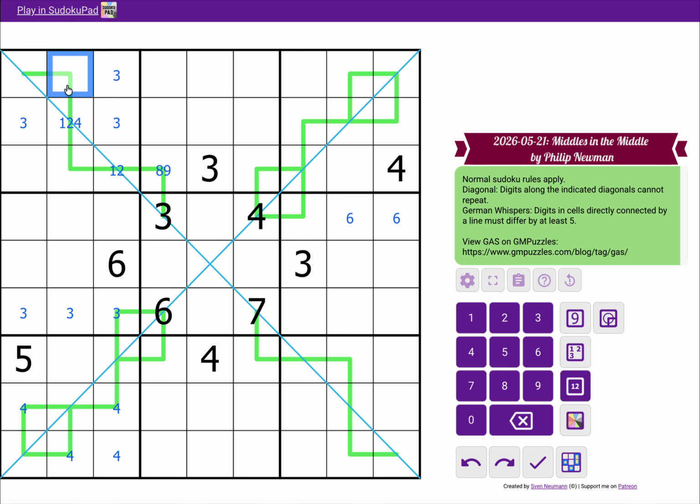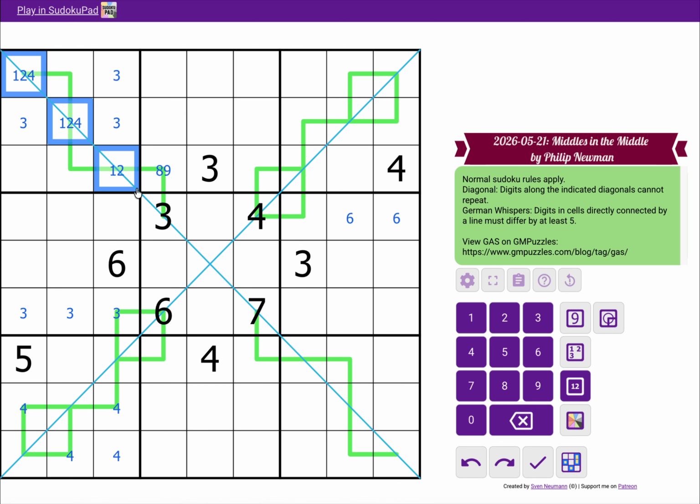So this can't be a 3. And it could be a whole bunch of different things, but it can't be a 3. And here, this is low again. So 1, 2, and 4. So this is a 1, 2, 4 triple.